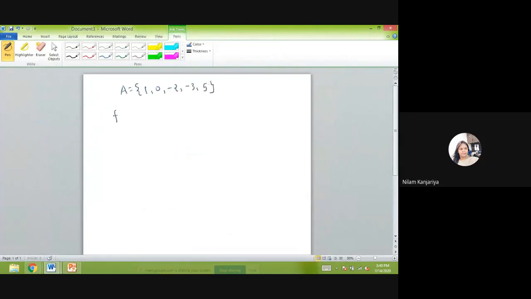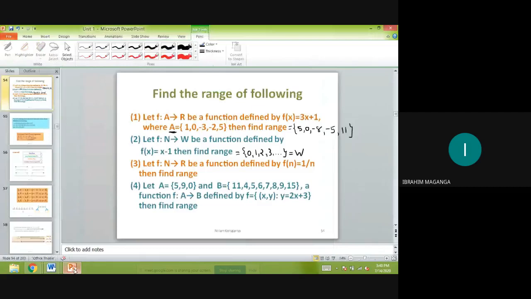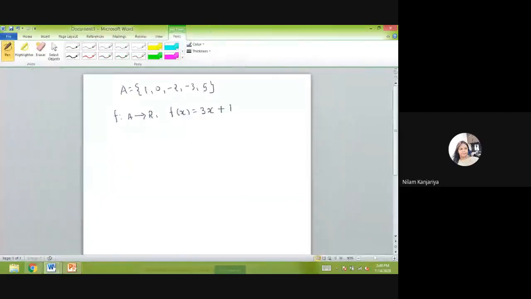And the function is from A to R, defined like this: f of x is equal to 3x plus 1. This is your domain and this is your codomain. Now answer.